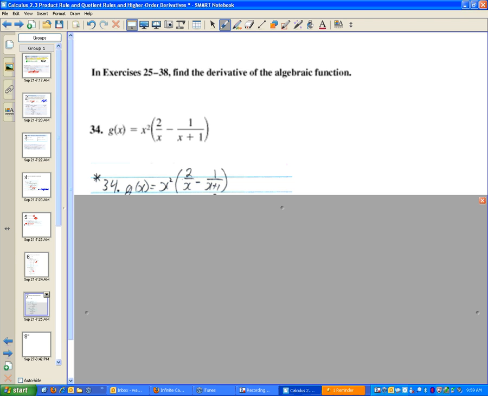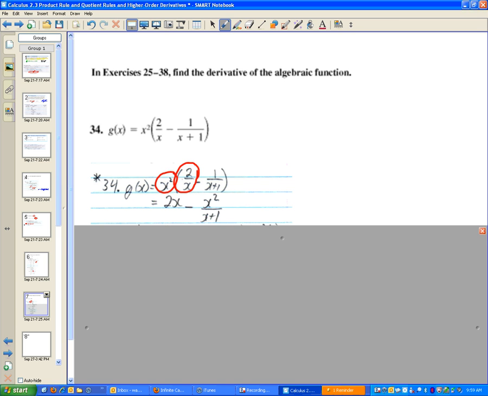So I'm going to multiply x squared times 2 over x. What do I get? 2x. And then minus sign. And then x squared times 1 over x plus 1 is just x squared over x plus 1. Don't lose your minus sign.